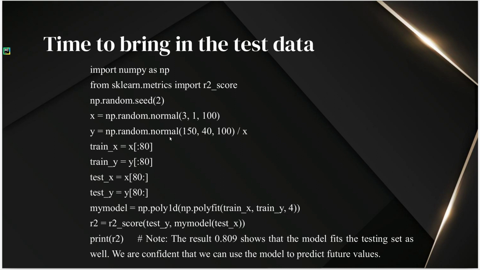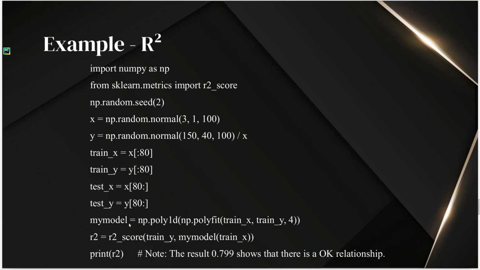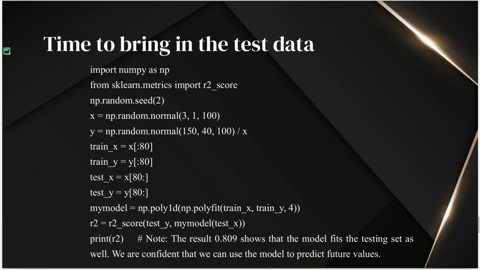Okay, but until now we have only dealt with the training dataset. Let us bring in the test dataset now. First of all, let us just print the R2 score of the test dataset. We previously printed the R2 score of the train dataset. This time we'll print the R2 score of the test dataset. Again, the syntax is similar to the previous example.